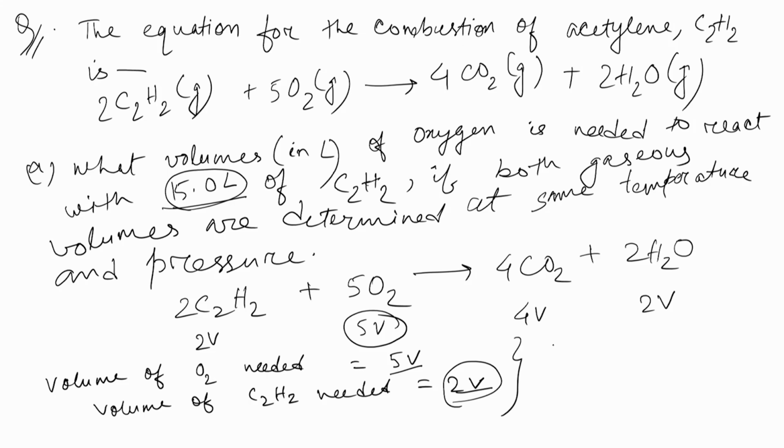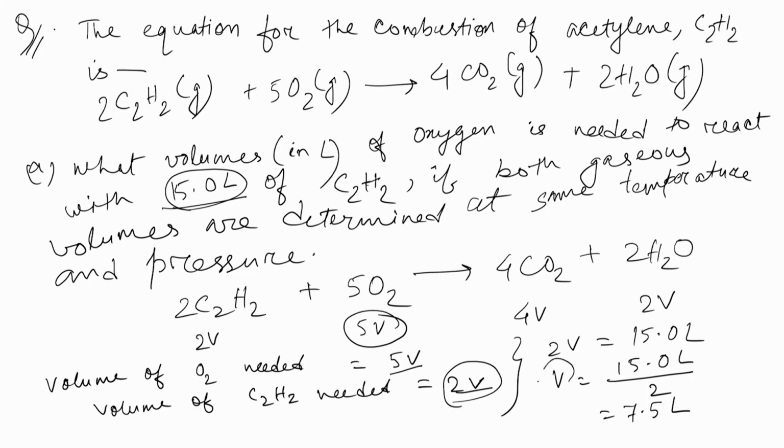So, 2V is equal to 15.0 liters, so V is equal to 15.0 liters divided by 2, which comes as 7.5 liters.